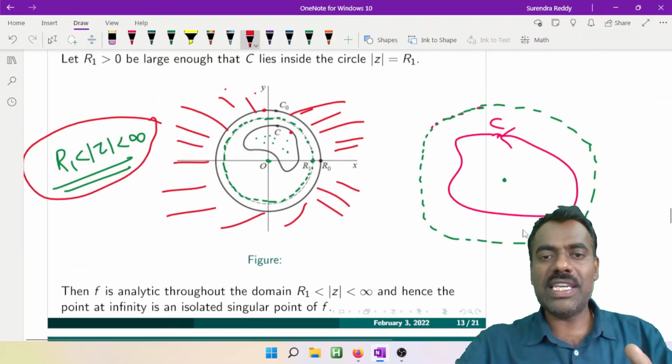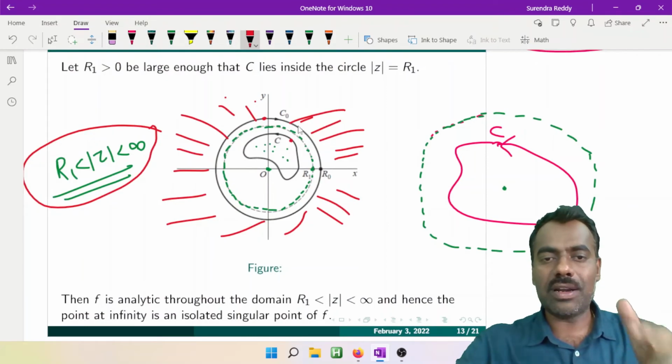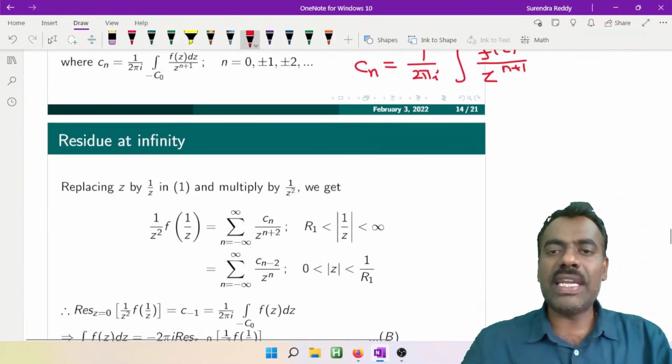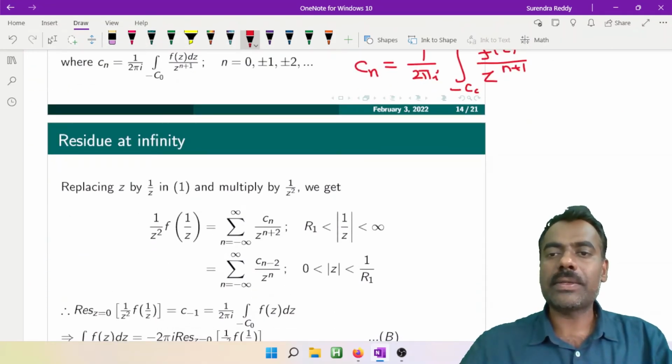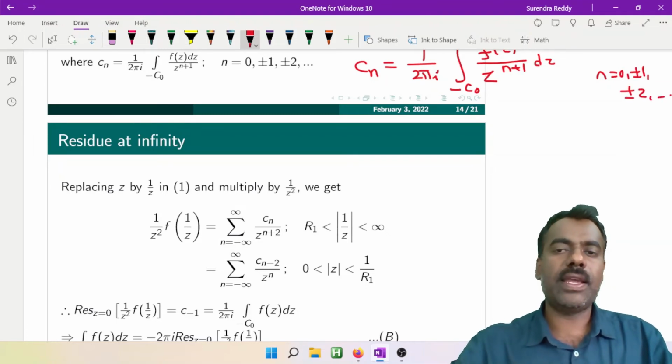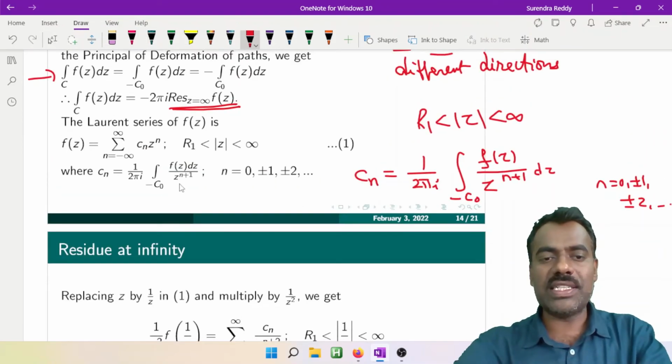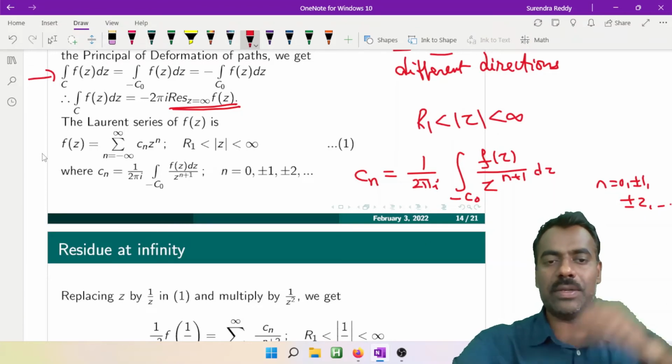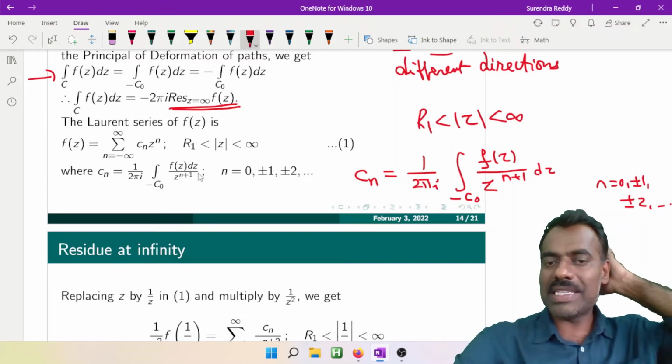But because our C naught is in the clockwise direction, we get minus C naught, dz, where n is any integer, 0, plus or minus 1, plus or minus 2, and so on. That means for all positive values this is z to the n plus 1, and for all negative powers this is z to the minus n plus 1.